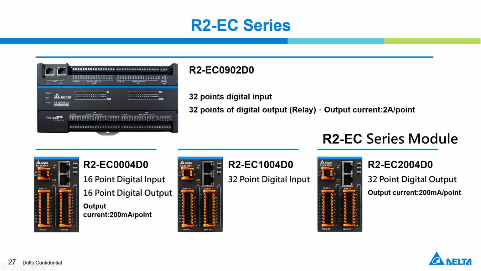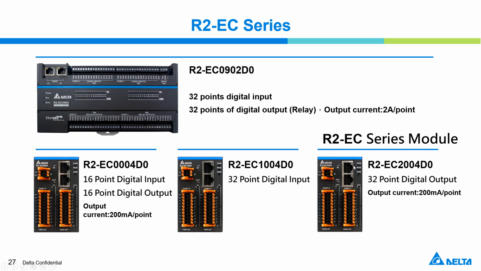We have four kinds. This one supports 32 DI and 32 DO, and this one is 16. This one is 32 input, and this one is 32 DO output.